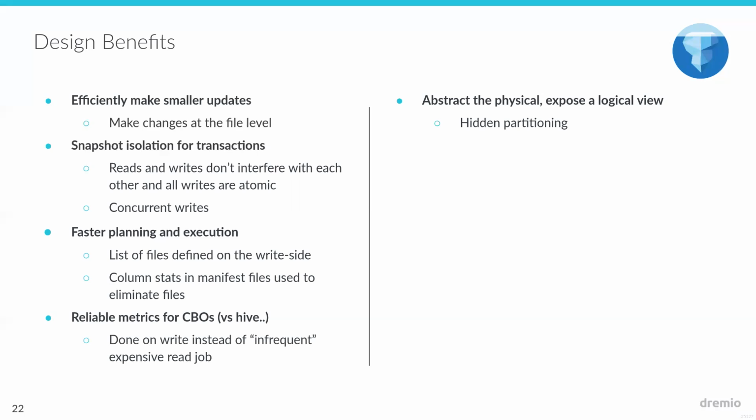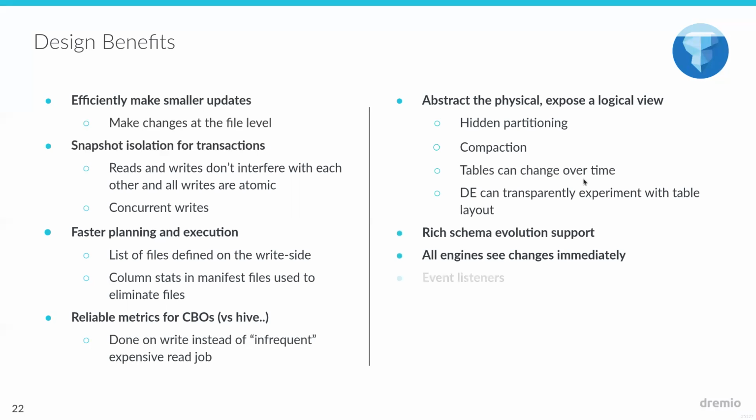Not only can I express that partition as a transform on a particular column, which means I don't have to do a double statement, that whole issue where I query the timestamp column but also have to query the additional partition column. I only have to query the timestamp column, and it's going to work. I'm also going to be able to run compaction, but first, I want to go to evolution.